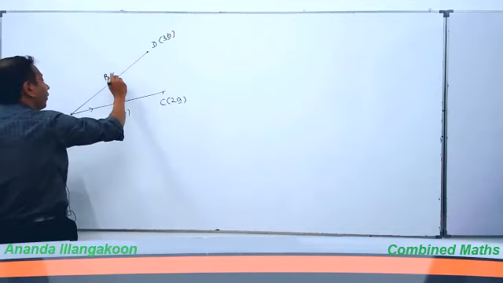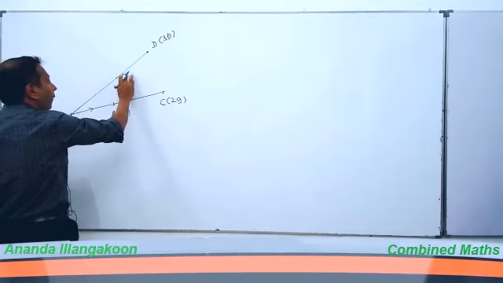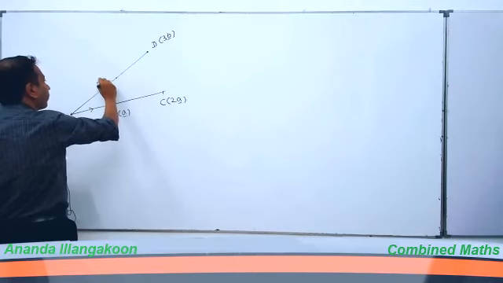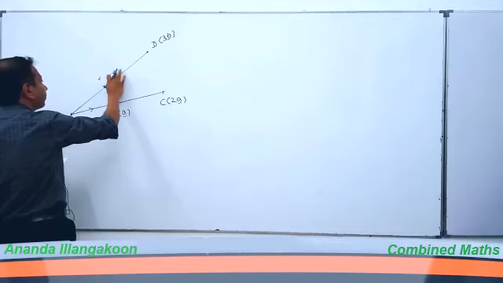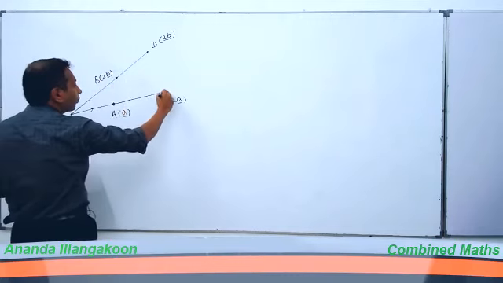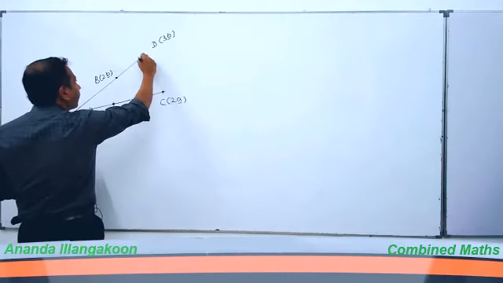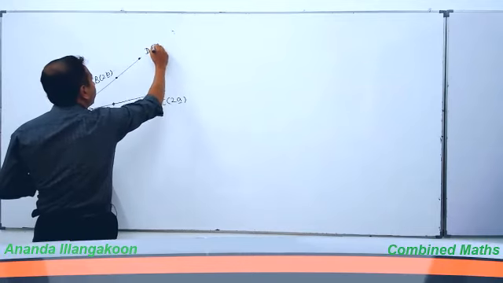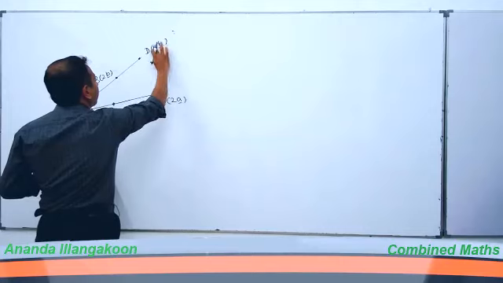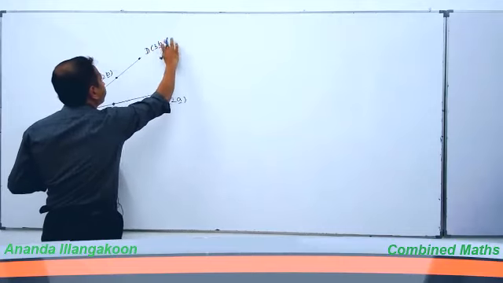This is 2B. I take this from here, D is 3B.